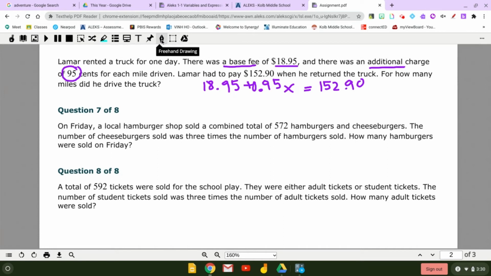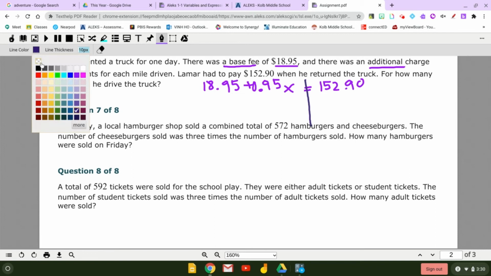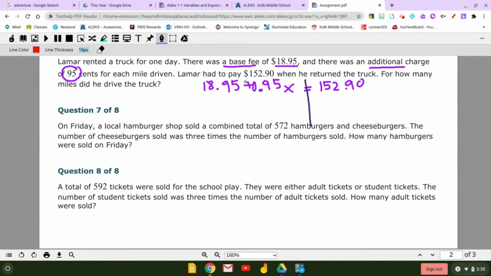So first, what do I have to do? Draw the line, right? So first we're going to draw the line. Second, we're heading to the operation. So there is addition here. Who does this addition belong to? 18.95 or 0.95? The answer is it belongs to 0.95.